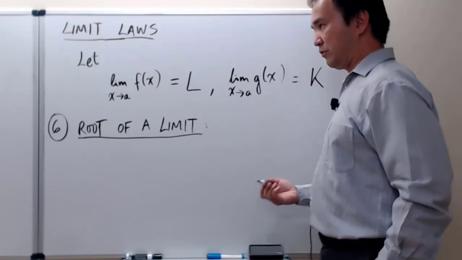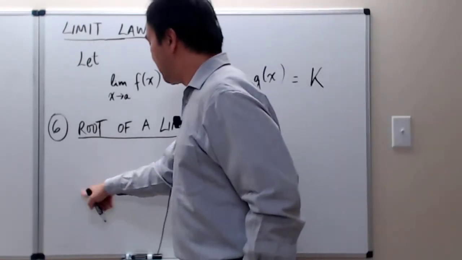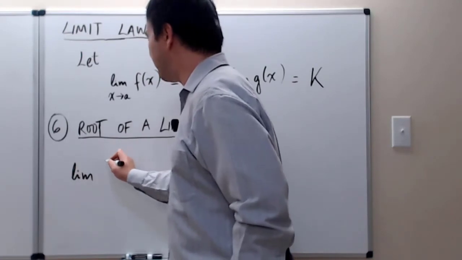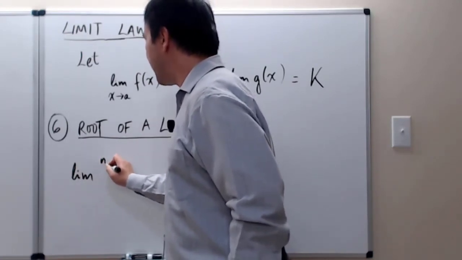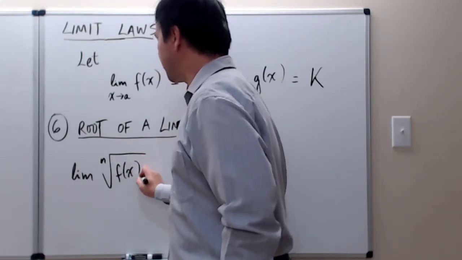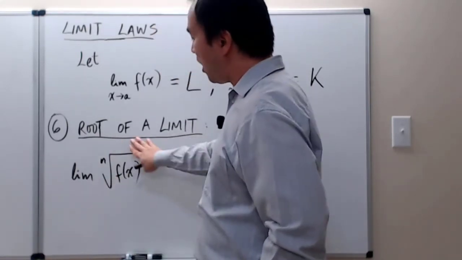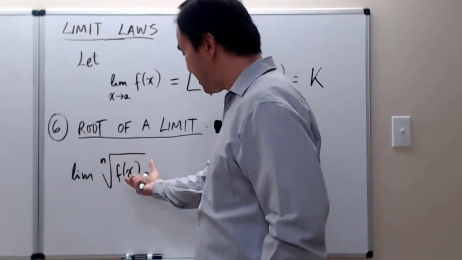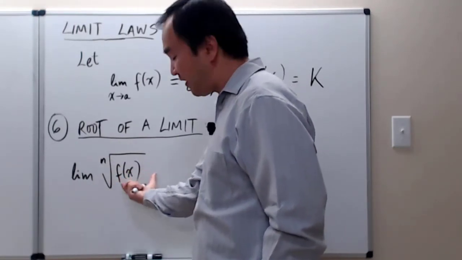So there will also be a lot of times that we are asked to find the limit of a function where our function comes in a form that we're looking at some nth root of a function f of x. So overall, this is one function. It's the nth root function, and whichever expression is inside of the nth root can be regarded as another function.